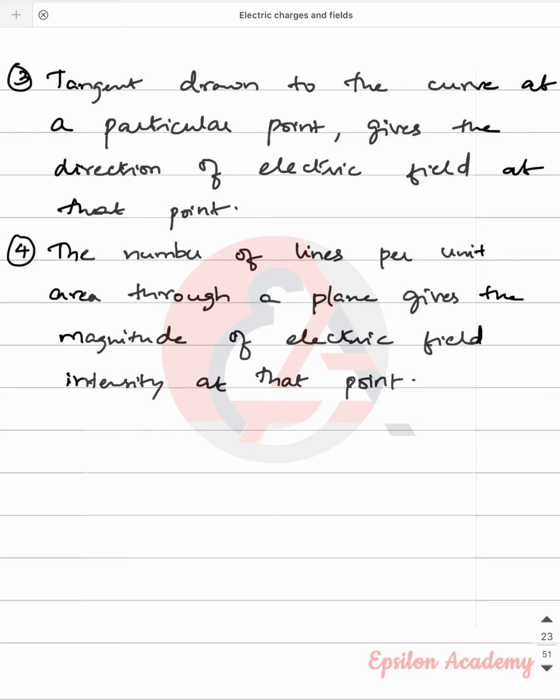So what is the meaning of this? If you are able to calculate the number of field lines per unit area through a plane, that will give us the magnitude of electric field intensity.